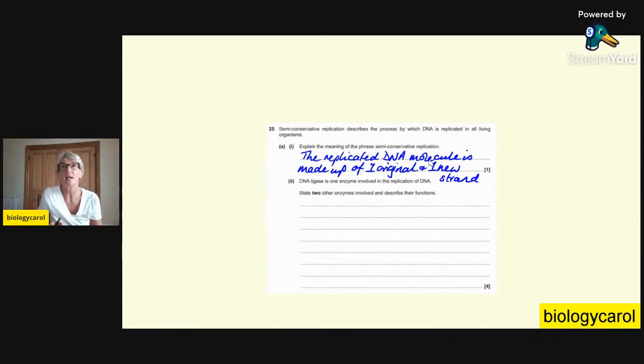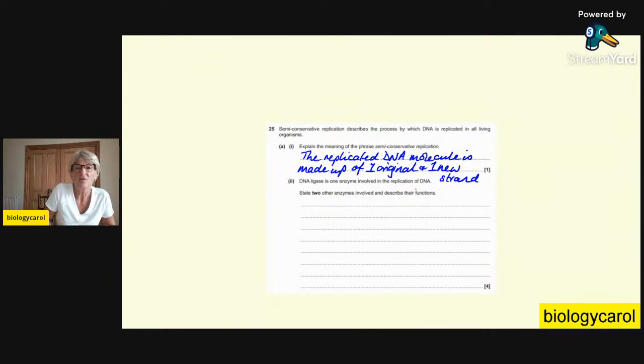Never talk about a DNA strand when actually you're meaning the molecule. And don't talk about a DNA molecule being made up of two molecules. Just get your head around that terminology. A single DNA molecule is made up of two strands. That's the easiest way to describe the DNA molecule.